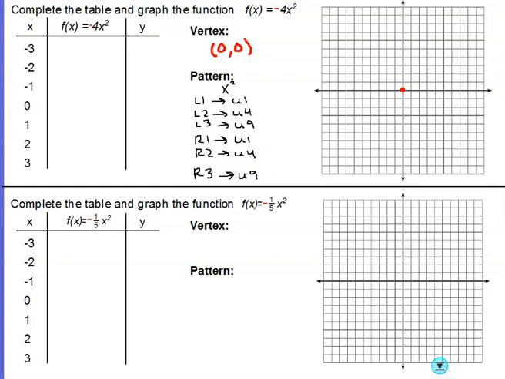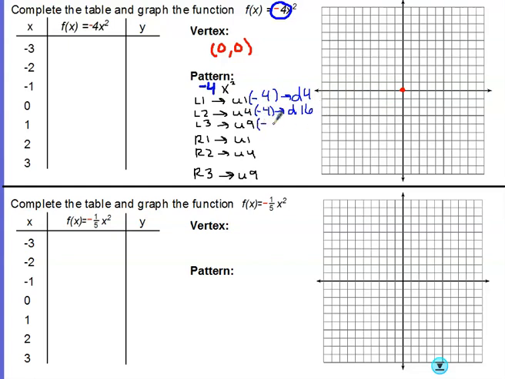But now I'm going to multiply by that negative 4. So when I multiply by a negative, the ups are going to become downs. And when I multiply by a 4, 1 times 4 is 4. So we're going down 4. Second, when I multiply by negative 4, the up is going to become down, and 4 times 4 is 16.